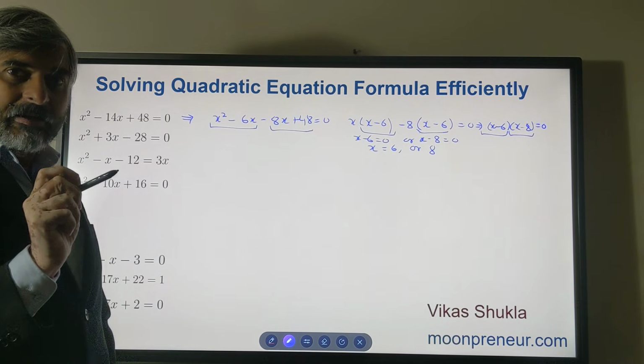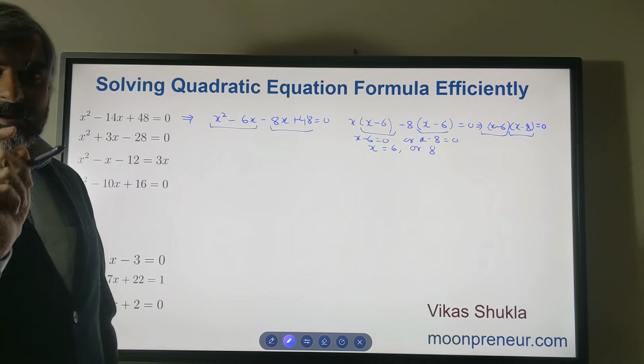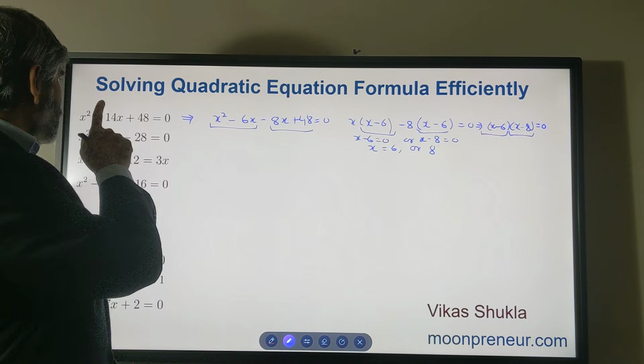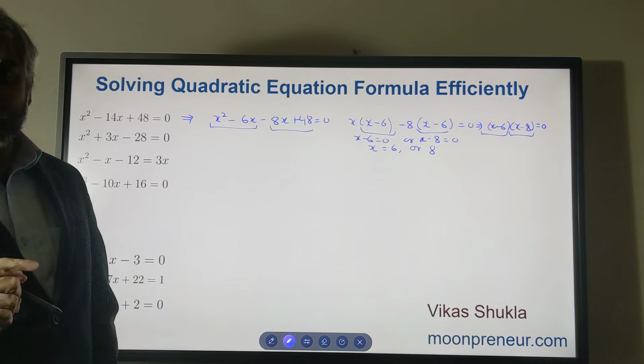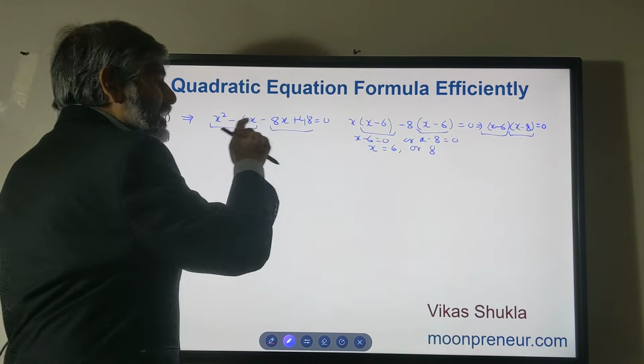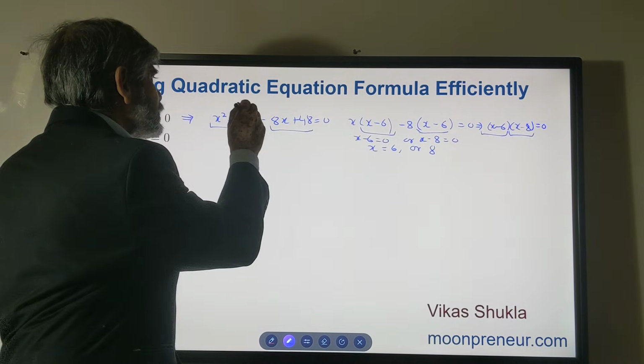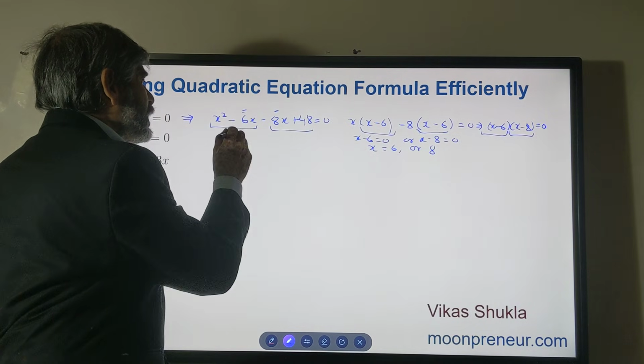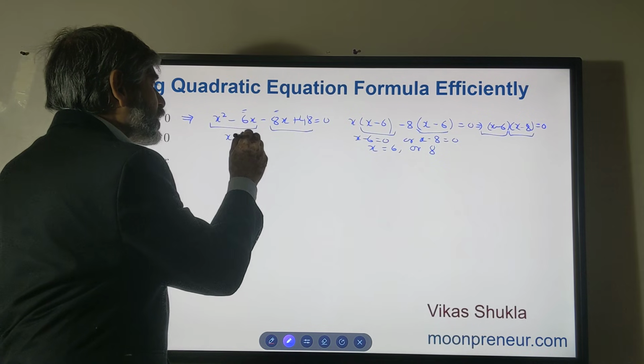Those two factors are minus 6 and minus 8. Minus 6 into minus 8 is 48. Now reverse the sign of those minus 6 and minus 8. To reverse these two signs becomes x equal to 6 or 8.